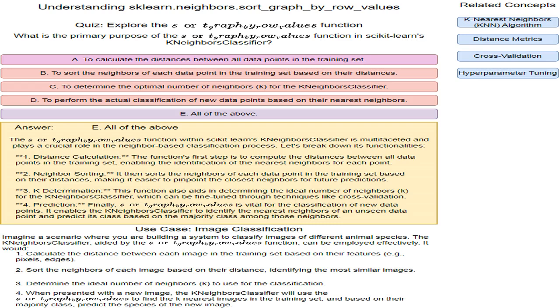A. sqrt((4-3)^2 + (5-4)^2) = sqrt(2) ≈ 1.41. B. sqrt((4-5)^2 + (5-6)^2) = sqrt(2) ≈ 1.41. A. sqrt((4-7)^2 + (5-8)^2) = sqrt(18) ≈ 4.24.